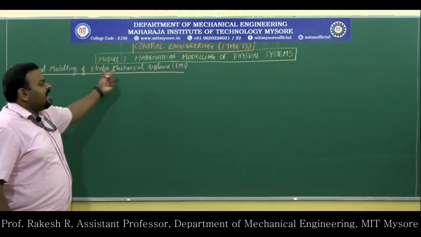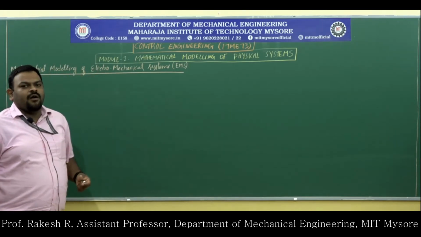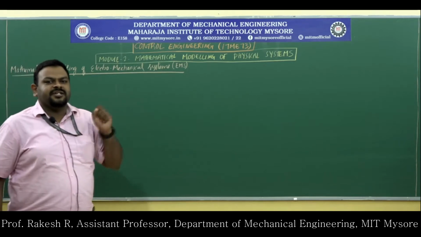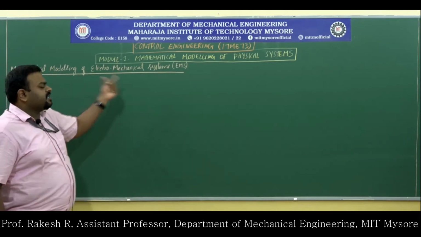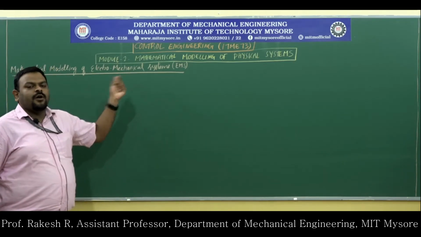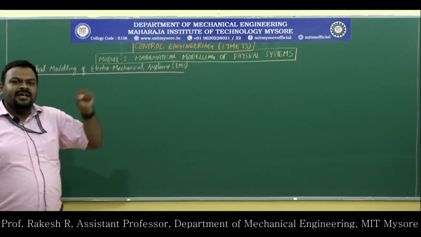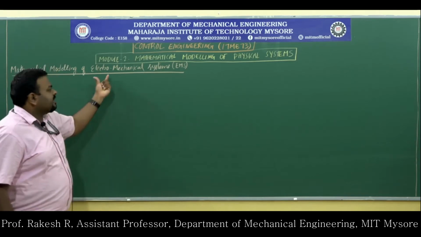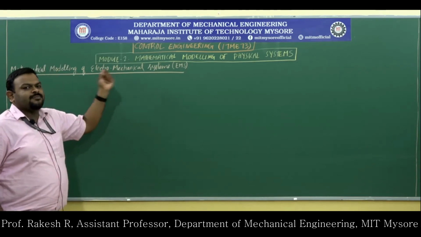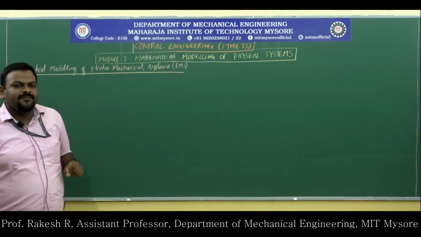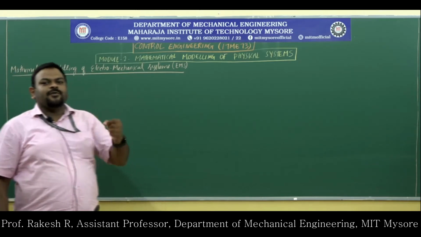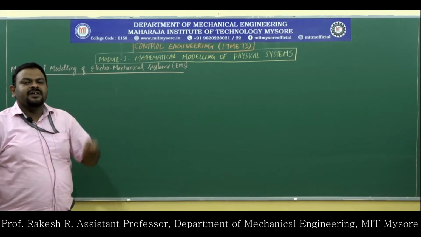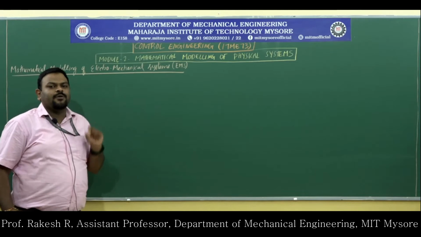So, let us see the mathematical modeling of electromechanical systems. Electromechanical systems are systems which are combinations of both electrical as well as mechanical systems. Here, electrical systems and mechanical systems are integrated. An example for this is a fan. The output of the fan is rotation and the input of the fan is electrical voltage.